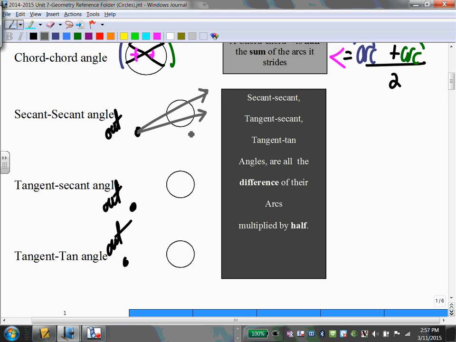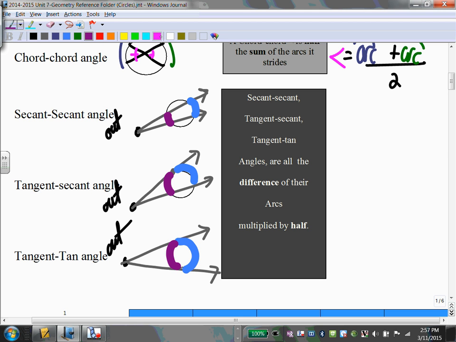That's a secant, tangent, secant, and a tan-tan. I'm going to put one bracket here because all 3 of those have the exact same equation.